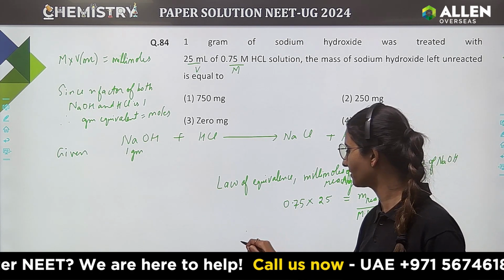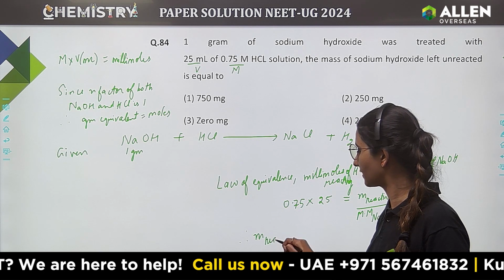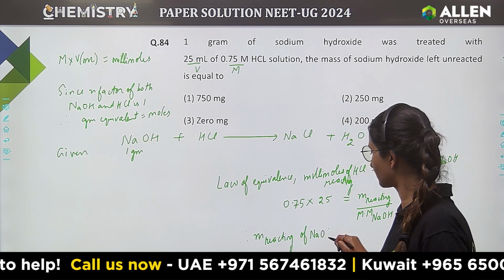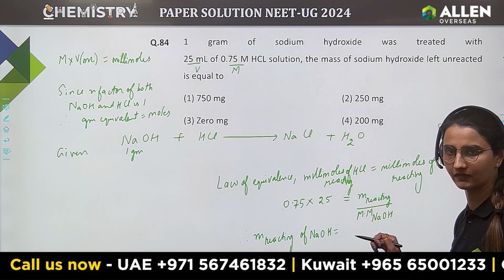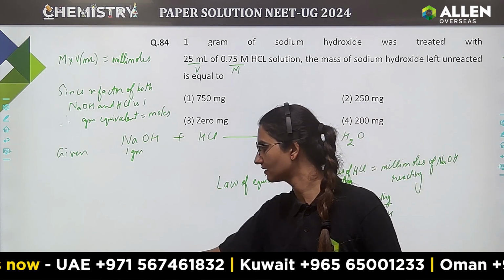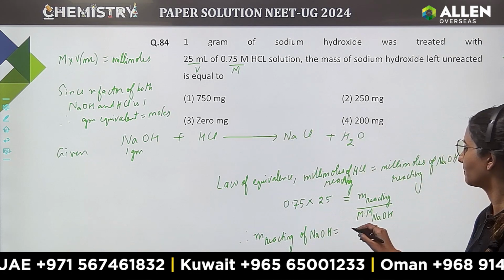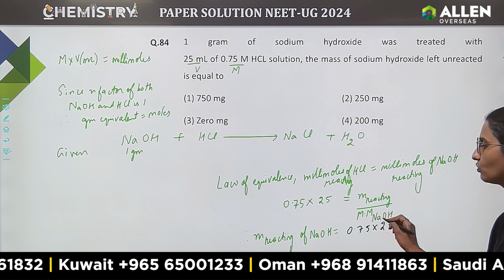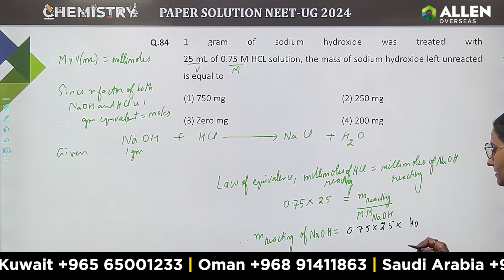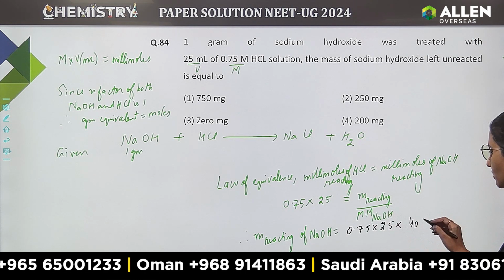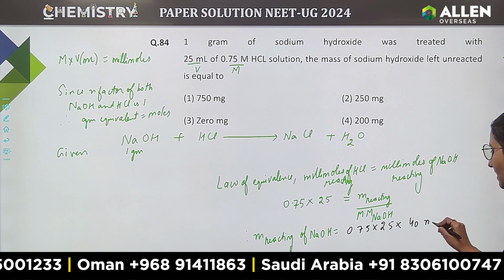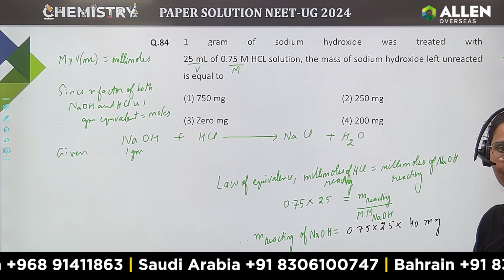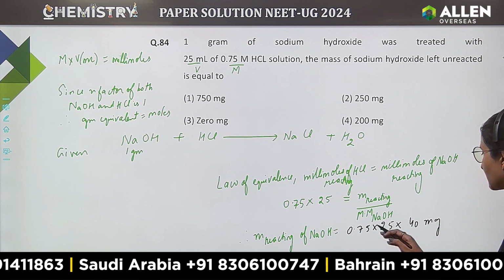So therefore, mass reacting of NaOH is 0.75 into 25 into 40. Okay, it's in milligram only, because I took millimoles and multiplied with molar mass. Got it? This much mass is reacting.